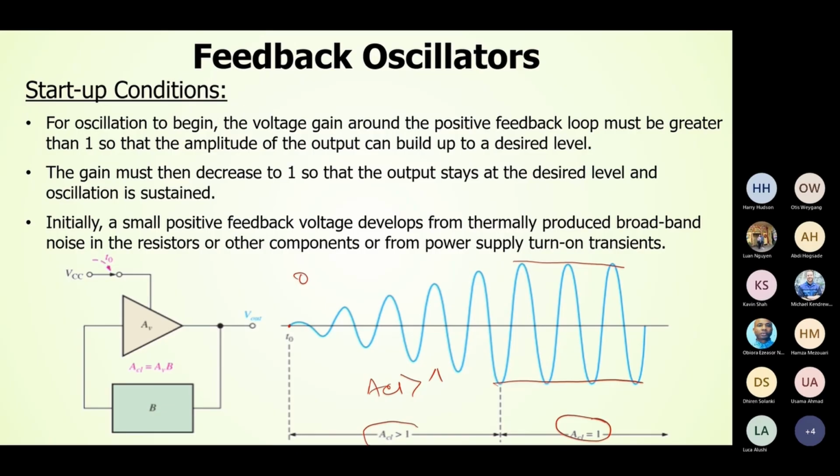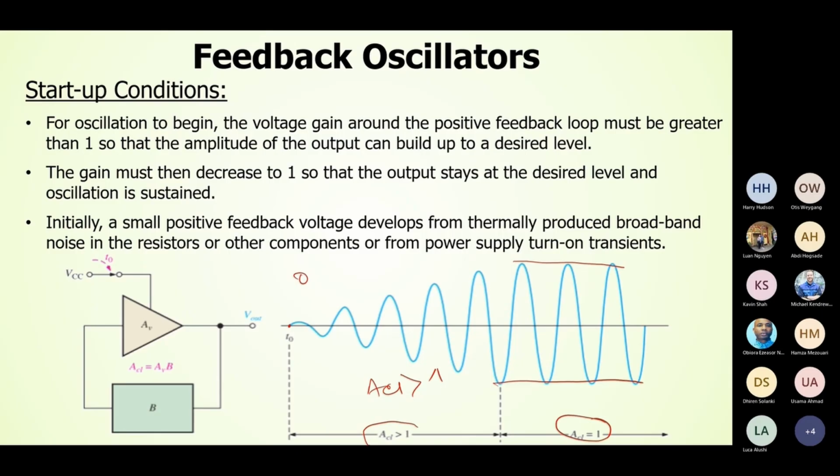So for the oscillation to begin, the voltage gain around the positive feedback loop must be greater than 1 so that the amplitude of the output can build up to a desired level. And once you reach the desired level, then your closed loop gain should be reduced to 1 so that you have sustained oscillation.